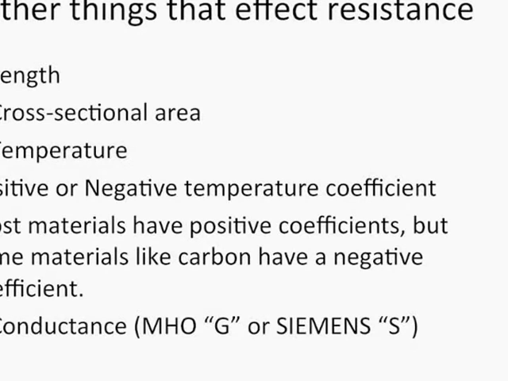Generally, most things have a positive temperature coefficient, which means as you increase the temperature, you also increase the resistance. Conversely, if you decrease the temperature, you'll decrease the resistance. However, some materials like carbon have what's known as a negative temperature coefficient, which means that as you increase the temperature, it's actually going to decrease the resistance.